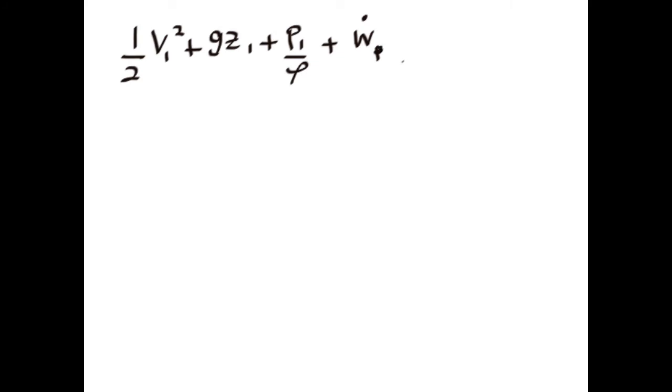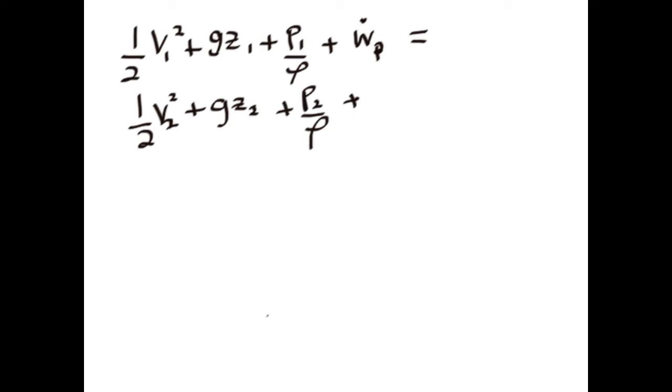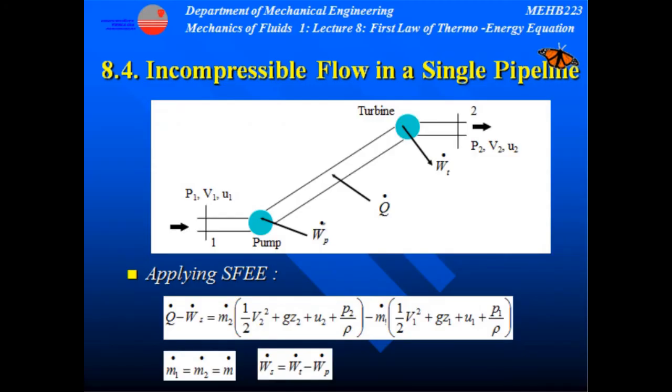And it's equal to the velocity component at the outlet going out, the elevation component going out at the outlet, the pressure component at the outlet going out. And for the turbine, the work is done by the turbine going out also.